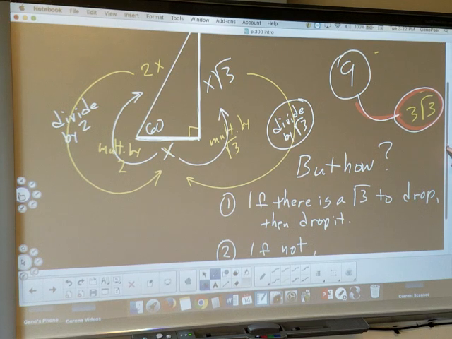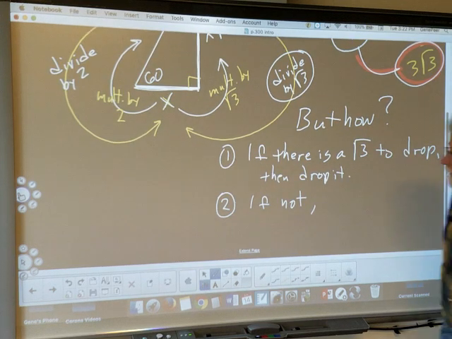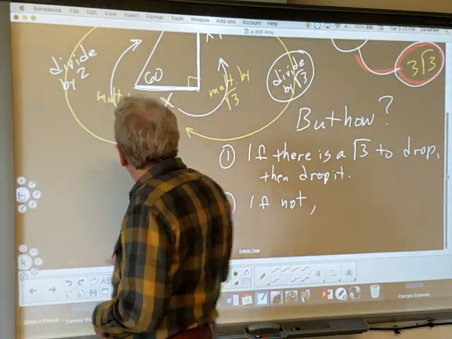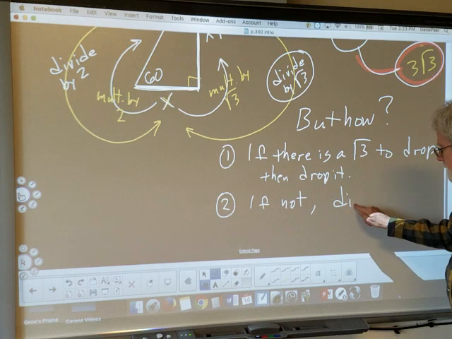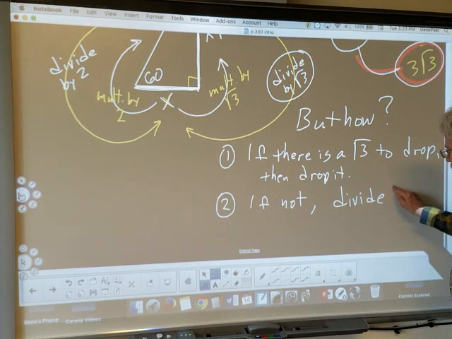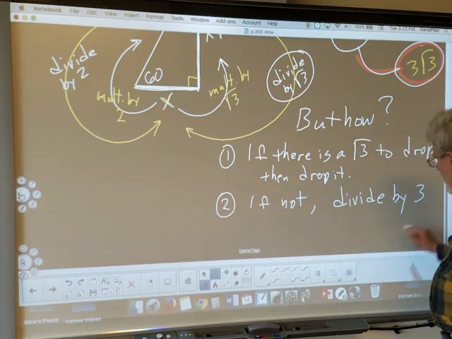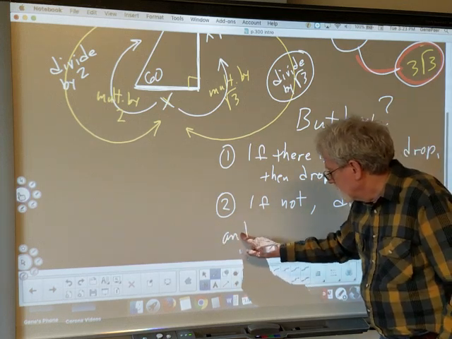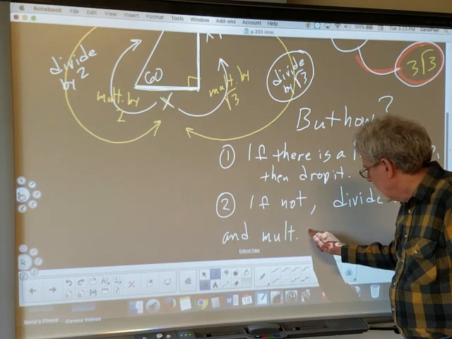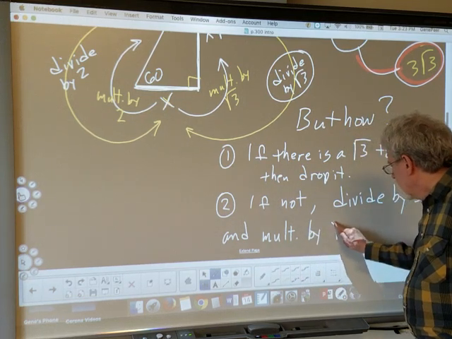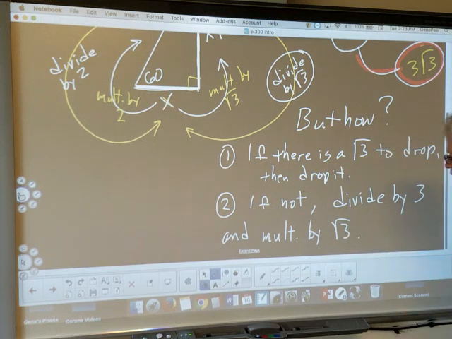We'll see examples in a moment. The rule says, if there is no square root of 3 to drop, then divide by 3 and stick a square root of 3 next to it.